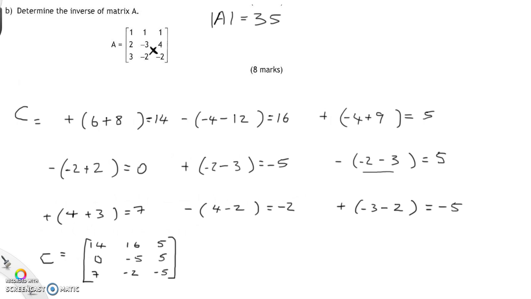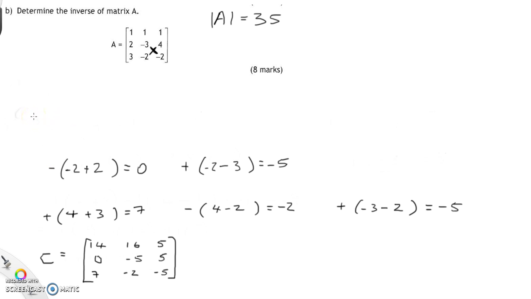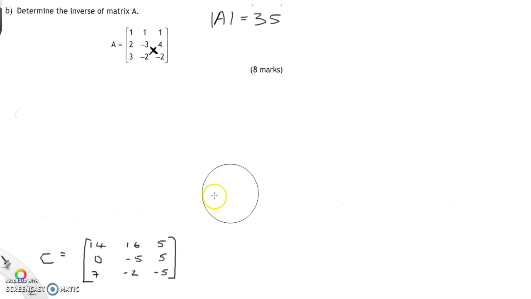Alright, so I'm going to wipe out our work here. Now the next step is to get the transpose of this matrix. I'm going to go back up top here just for space. C transpose. This means that the first row becomes the first column: 14, 16, 5.